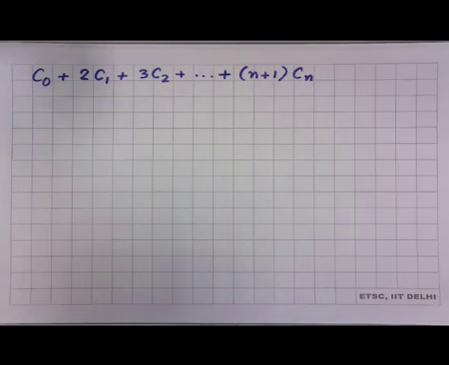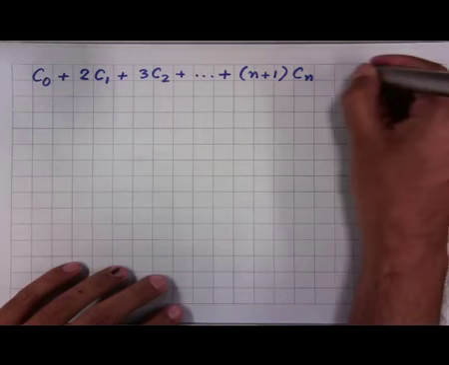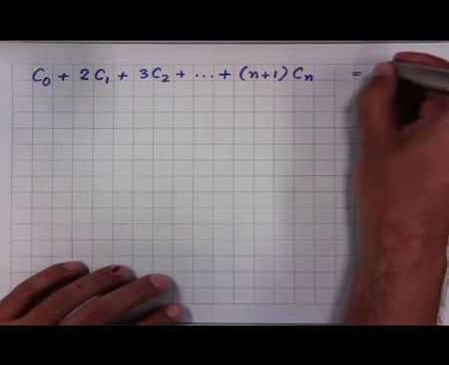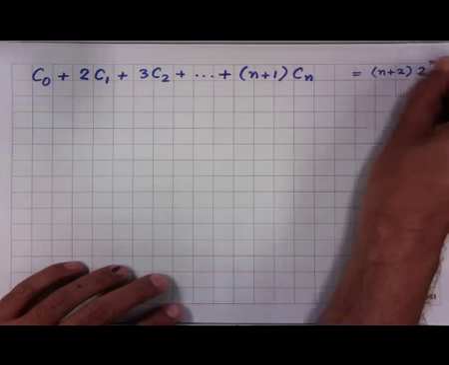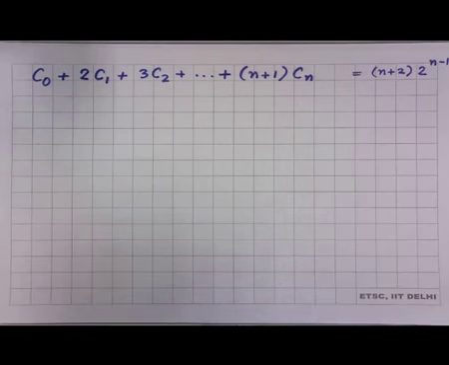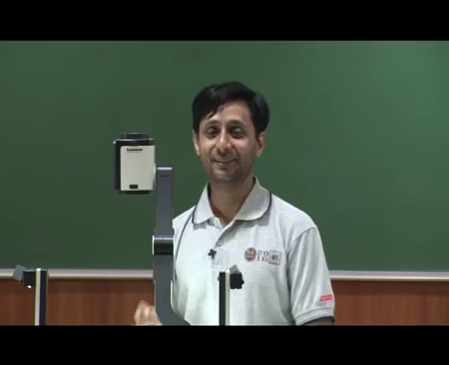So, this is what I have, and eventually you have to show that this is equal to (n plus 2) times 2 power n minus 1. So, there are actually two nice ways of doing this. Okay. The first one, what do you think? This is very easy, right?